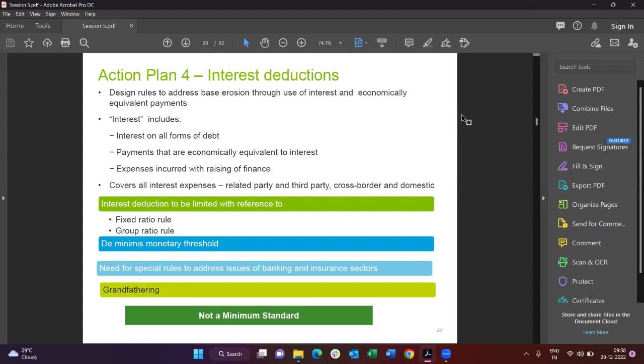India has also taken a measure towards this, section 94B. The OECD recommended a fixed ratio rule to EBITDA, that is, earnings before interest, tax, depreciation and amortization, or EBIT. They kept the range at 10% to 30%. So our interest expenses should be only that much.